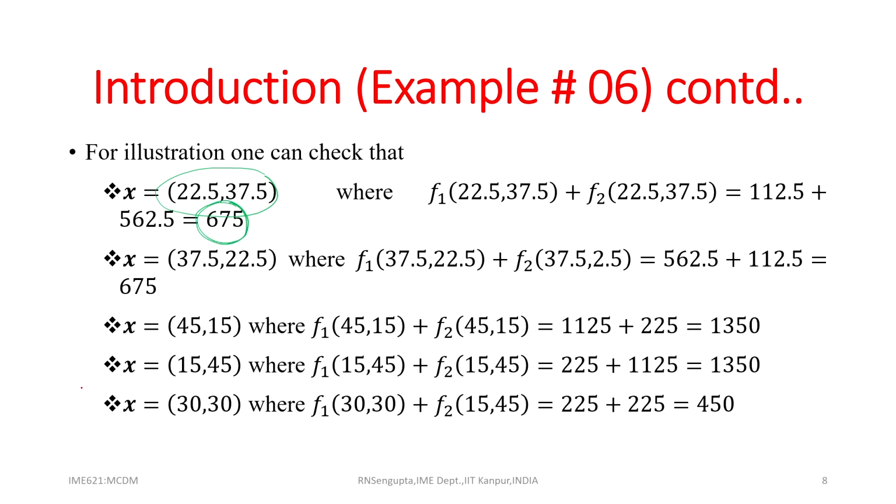Similarly, when the values are 37.5 and 22.5, the combined objective function value also again comes out to be 675, and this is a very interesting fact. If you see repeatedly as I go, the combined objective function value remains the same, which is 675.